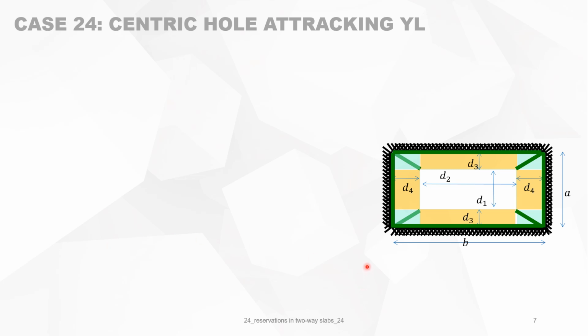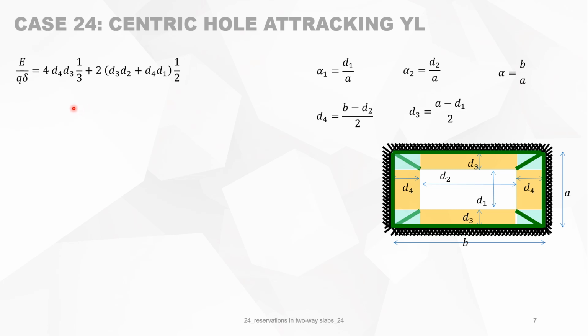Let's calculate the work done by the external forces. This is equal to, when we start with the orange area, D3 times D2, and twice, because you have it on the other side, and you have D4 times D1, also 2 times.